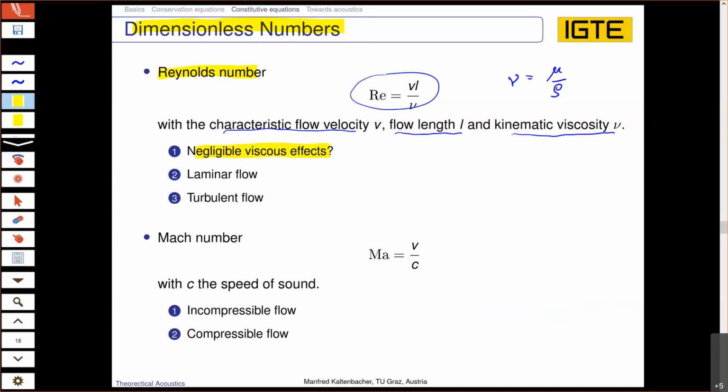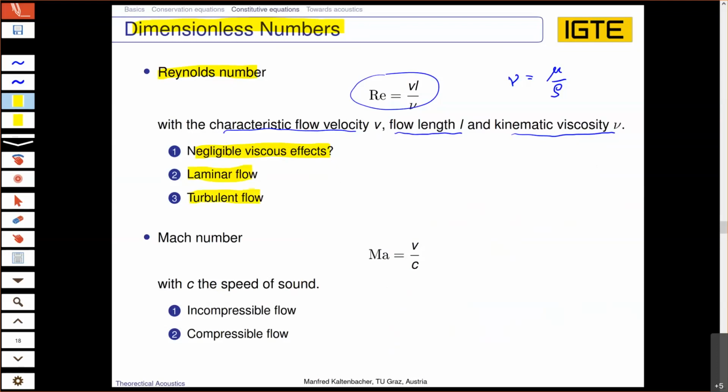A second important quantity: is our flow laminar or turbulent? You know, flows are very complex, and perhaps the most complex description we need is when we are somehow in a transition between laminar and turbulent. Do you know at which Reynolds number you get the turbulent flow in the pipe?